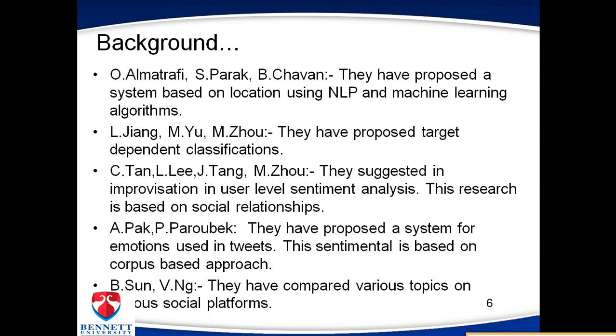So it's very helpful. Then Park implemented NLP. Again, other researchers suggested improvements in user-level sentiment analysis. The next one proposed an algorithm using tweets, a corpus-based approach, across various topics and social platforms.